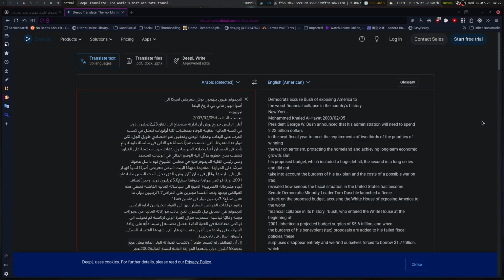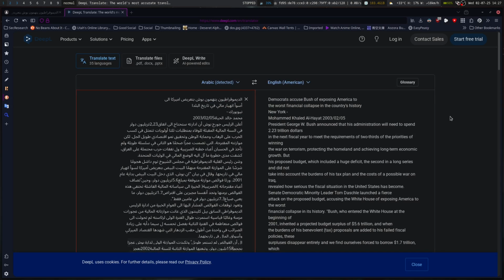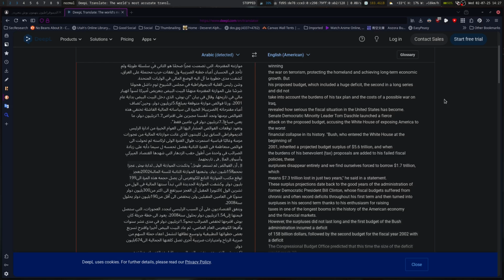Accuse Bush of exposing America to the worst financial collapse in the country's history. George W. Bush announced that his administration will need to spend $2.23 trillion in the next fiscal year to meet requirements of the two-thirds of the priorities of winning war on terror, protecting homeland, achieving long-term economic growth, but his proposed budget, which included a huge deficit, second in a long series, did not take into account the burdens of the tax plan, costs of possible war in Iraq.